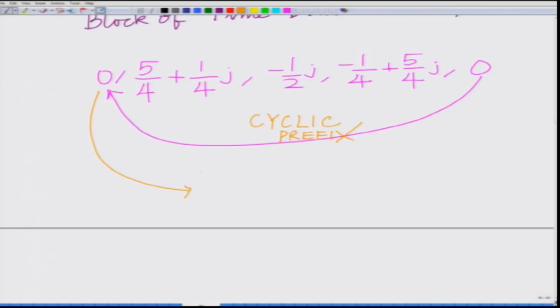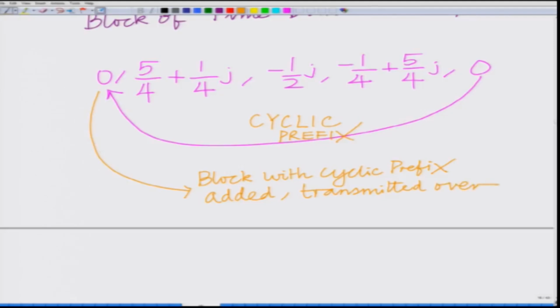So, this is basically your block with cyclic prefix added, and this is transmitted over the ISI, or basically the inter-symbol interference channel.